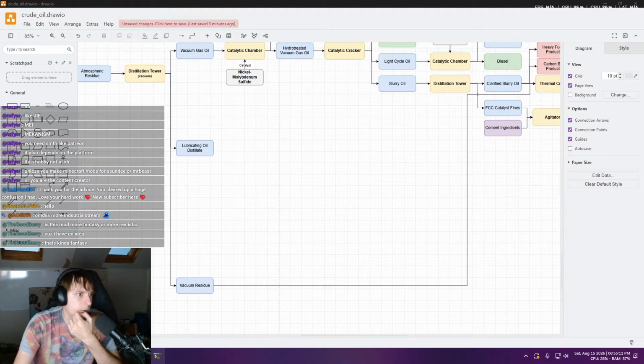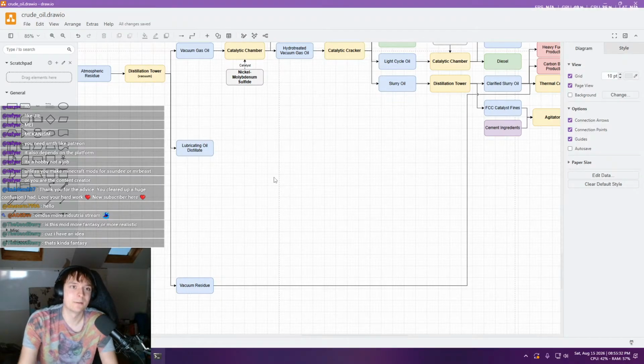And also, apparently, slack wax, which can then be used to make paraffin wax. And, oh my god. Okay. This actually might be one of the longest.